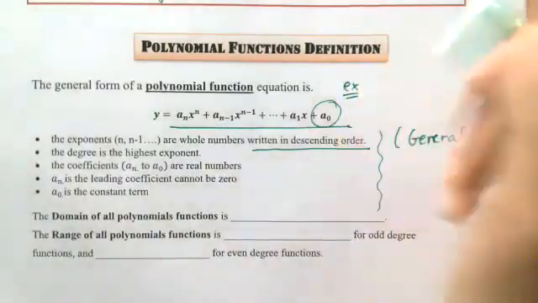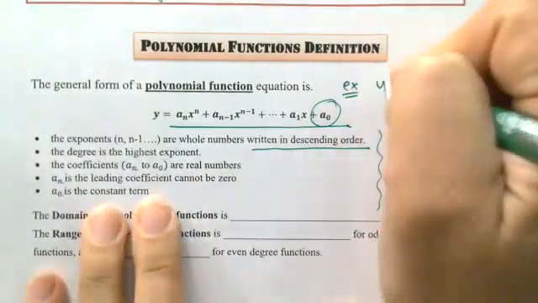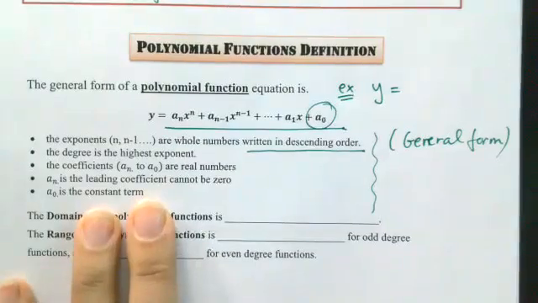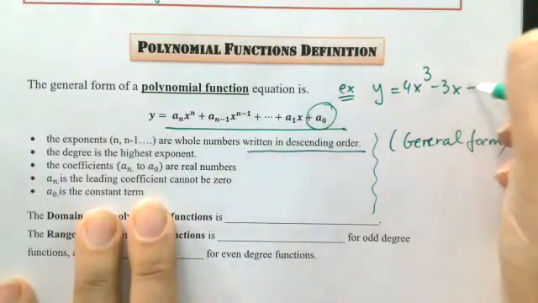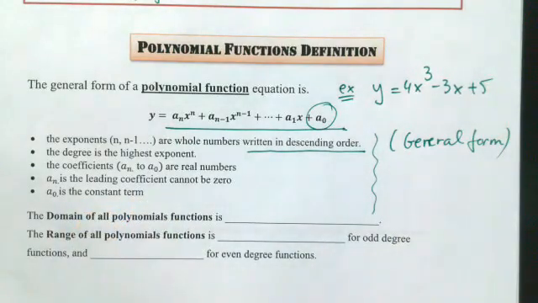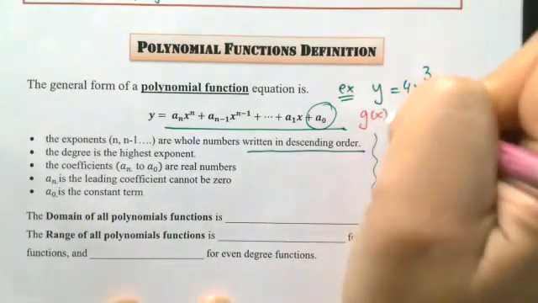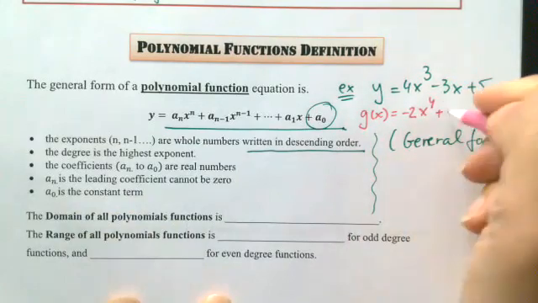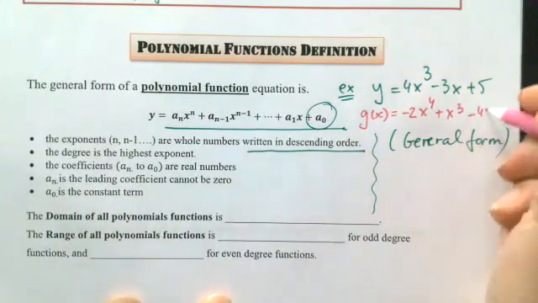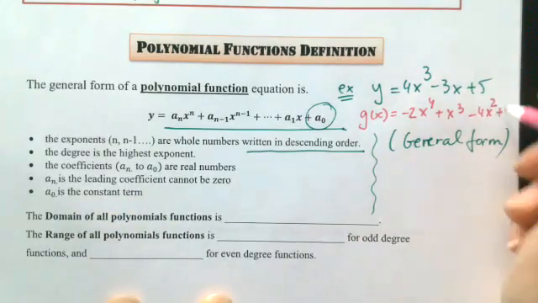Here's an example. y equals 4x cubed minus 3x plus 5. Another example. g of x equals negative 2x to the 4 plus x cubed minus 4x squared plus 3.